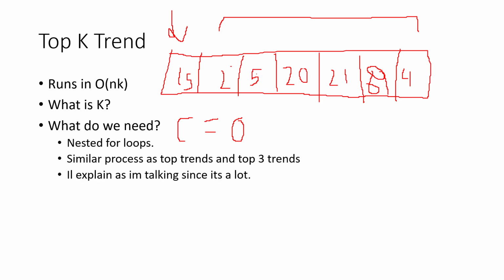So I would make another variable for the inner for loop, let's call it I, and set it to C. Why C? Well, because we don't want to match with the same value. So we're going to do C plus 1 so we can get to this one.